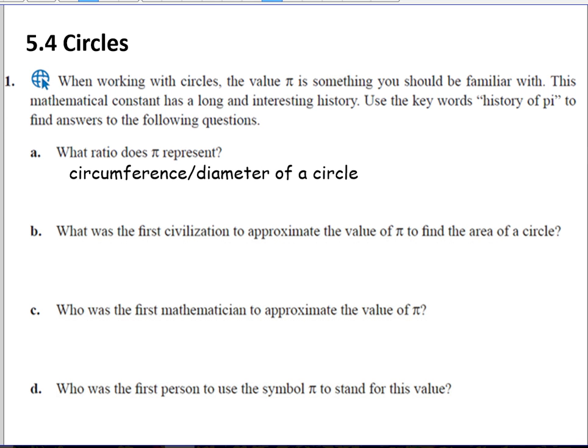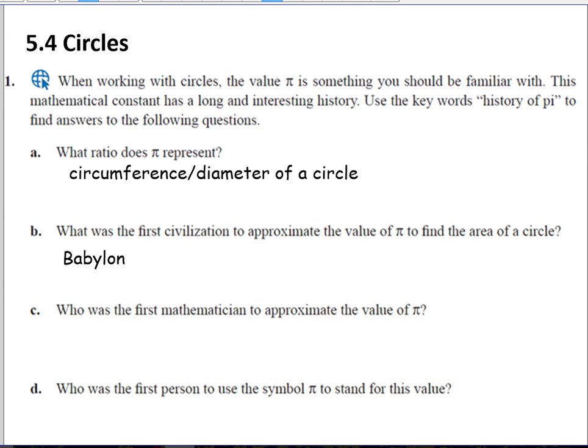If you're not sure what the circumference and the diameter of a circle are, we'll cover those in just a few minutes. The first civilization to approximate the value of pi to find the area of a circle was in Babylon. So it was a Babylonian civilization.